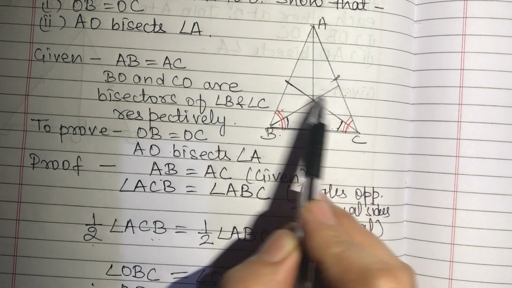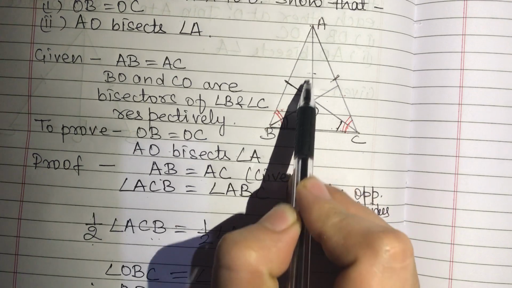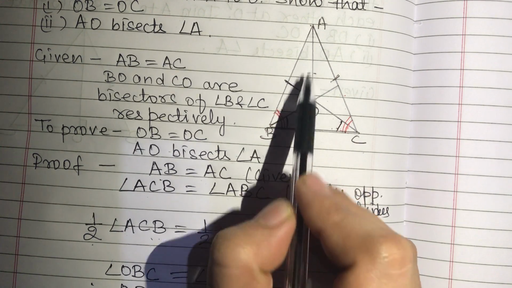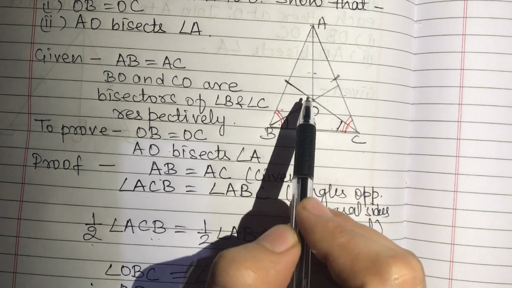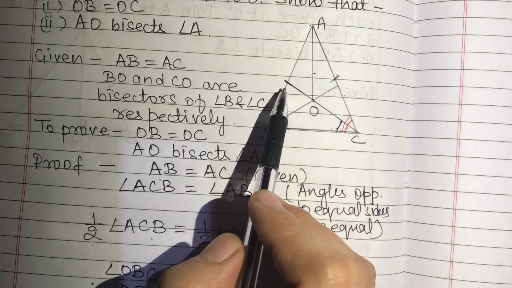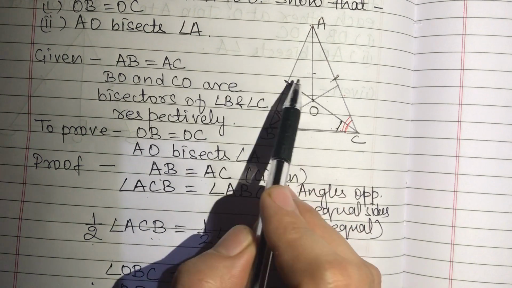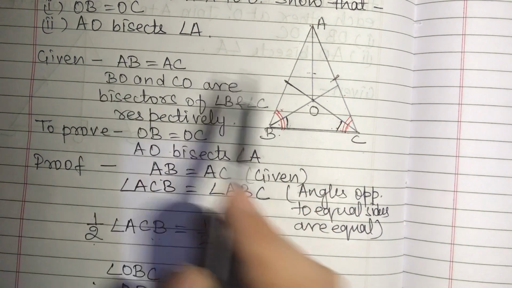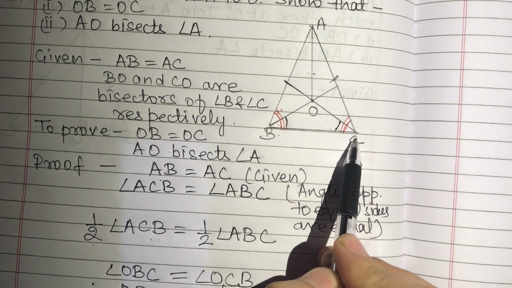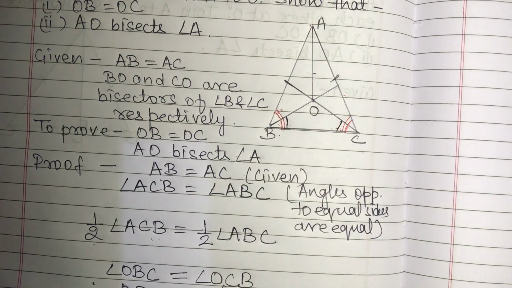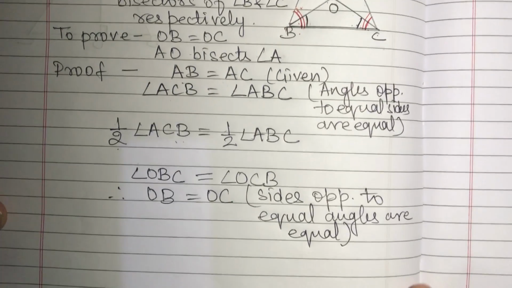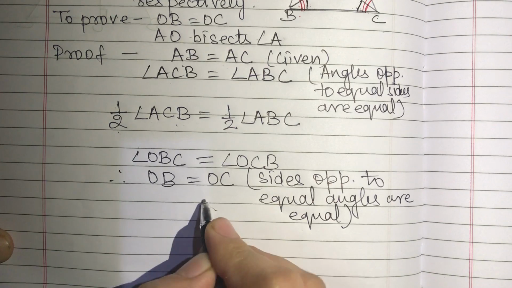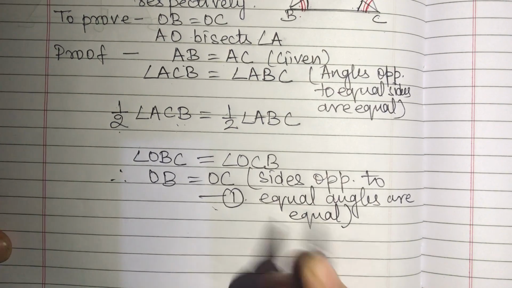In these two triangles, AO is common side. AB equals AC, already given in the question, and OB equals OC, which we have already proved in the first part. So I am taking this as equation number 1.